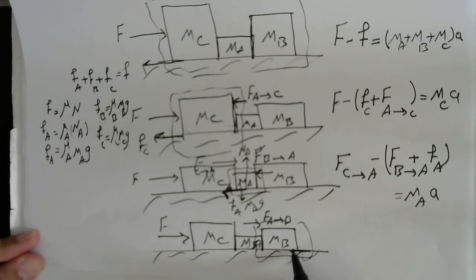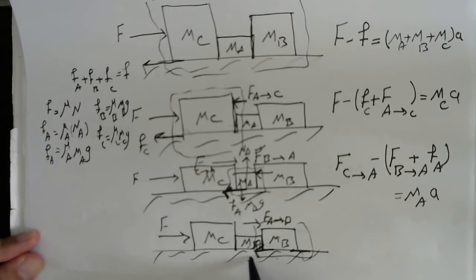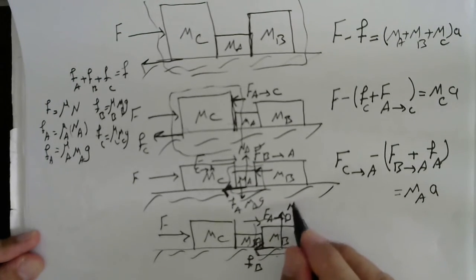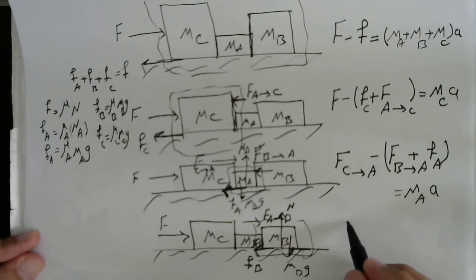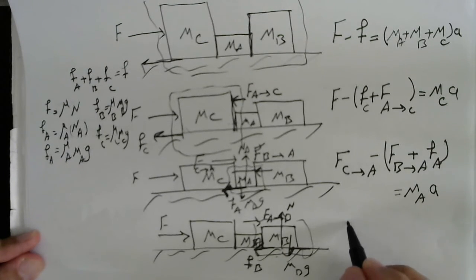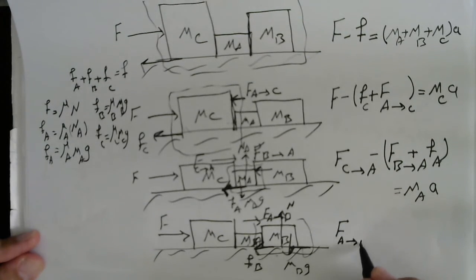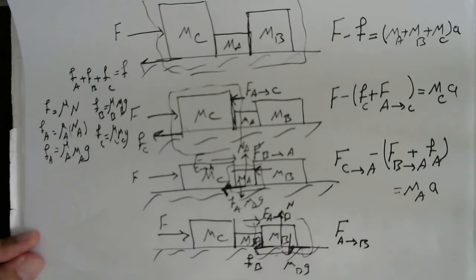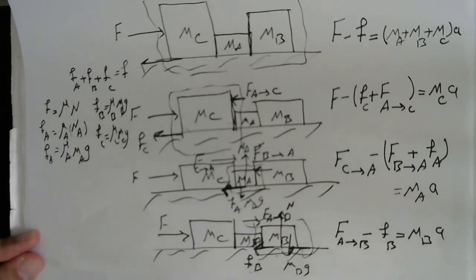And then there is a frictional force from the bottom surface to object B, which is fB. And then the reaction and the weight. So if we write the equation in this situation, when you have B as your system, F A on B, this force is your driving force, minus the force that is the friction, and this is mB a, the mass of the system.